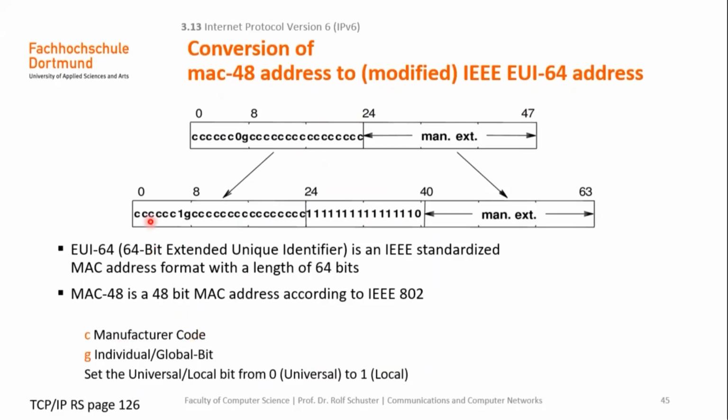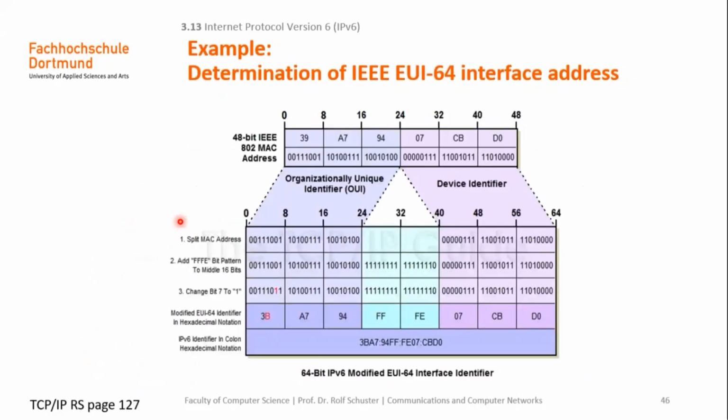That is bit 7, from the most significant to the least significant bits order. Then we change this bit to 1, and that's why instead of 39 we use 3B. Remember that this information uses hexadecimal notation.